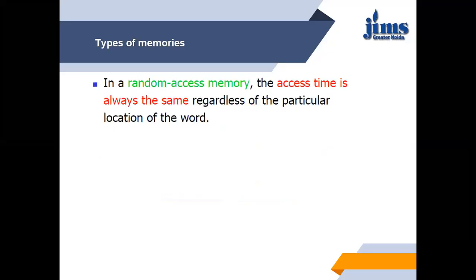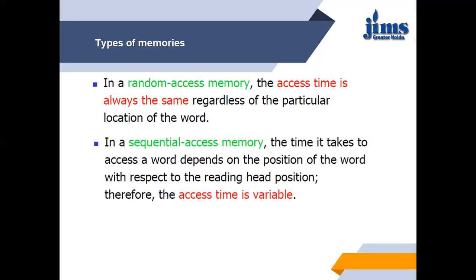Now in a random access memory, the access time is always the same regardless of the particular location of the word. Whatever the address, whether it is 0 or 1023, the access time will be the same. On the other hand, in a sequential access memory, the time it takes to access a word depends on the position of the word with respect to the reading head position. Suppose the reading head is at the 0th position.